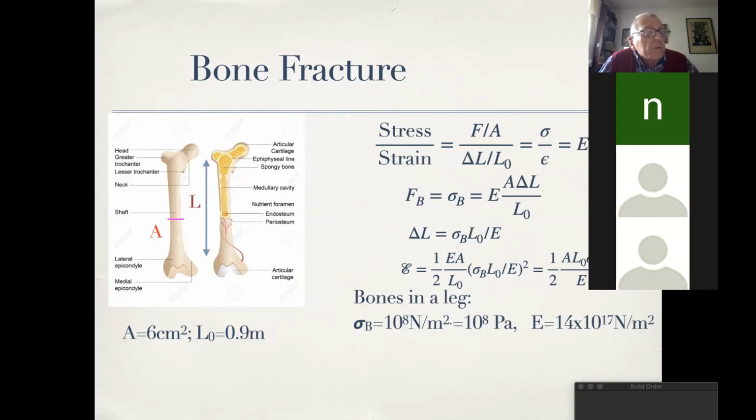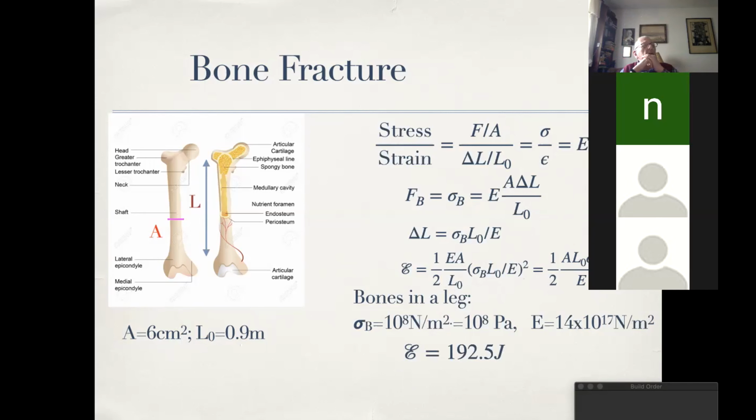And the Young modulus measured for the leg bones is 14 times 10 to the 17 newtons per meter squared, pascals. So I can plug these numbers in, and having the knowledge that the cross section is 6 centimeters squared, length is 0.0 meters, I have all the coefficients here, so I can calculate that energy, and that energy is 192.5 joules.